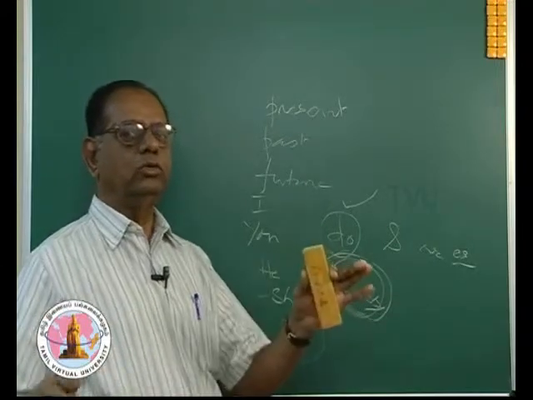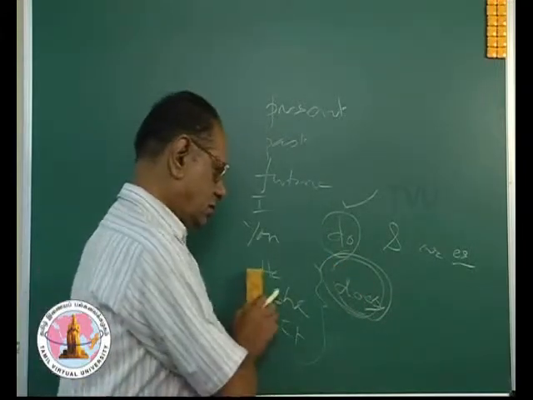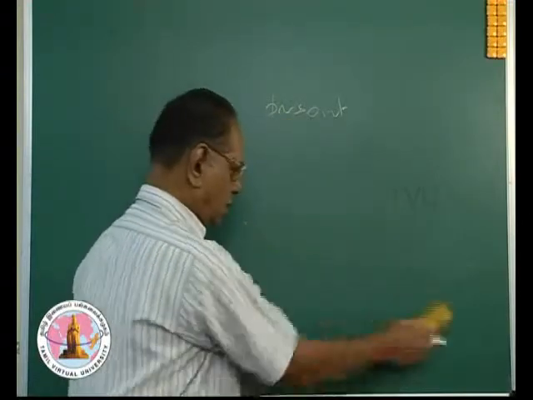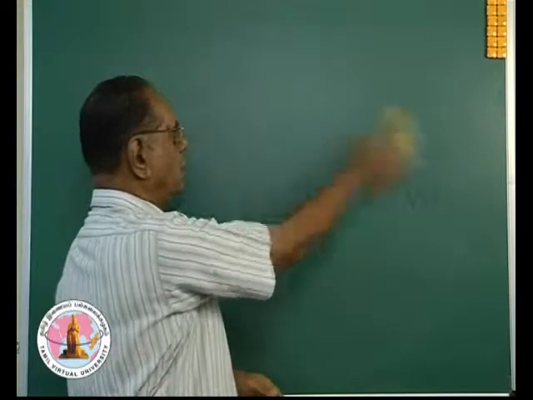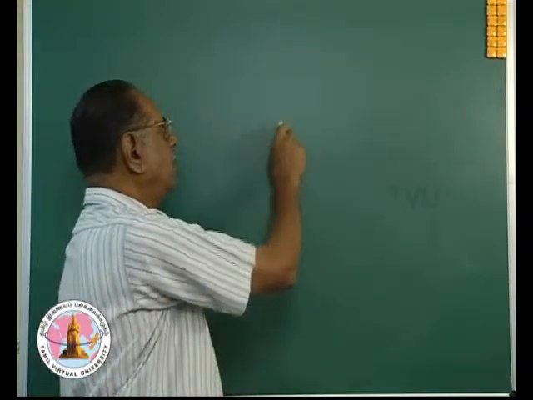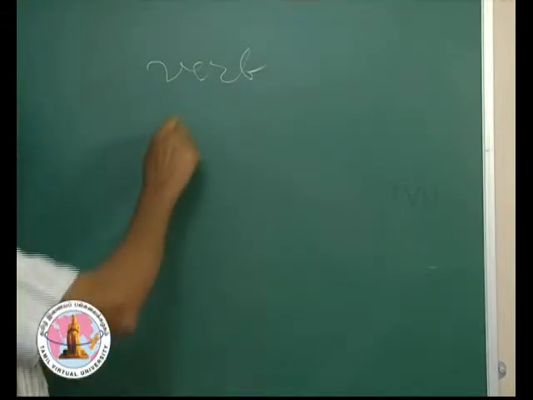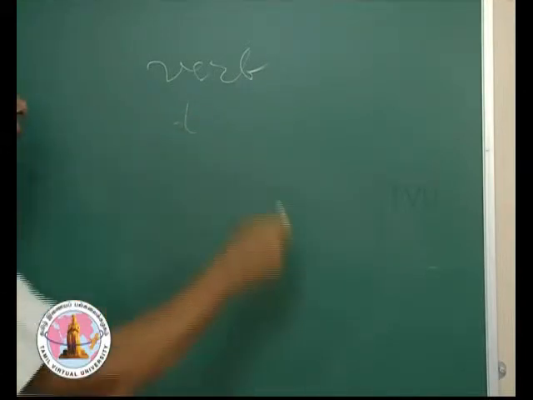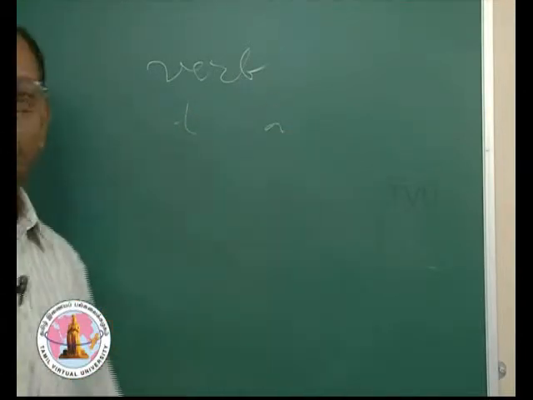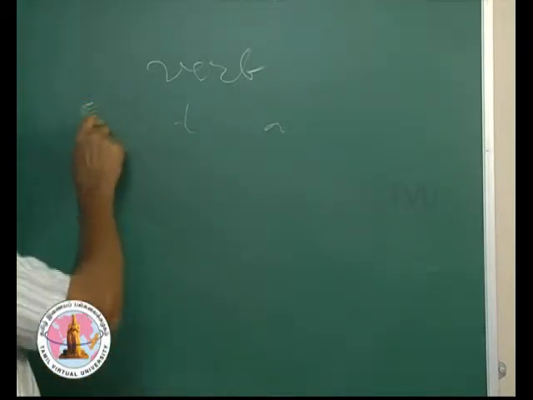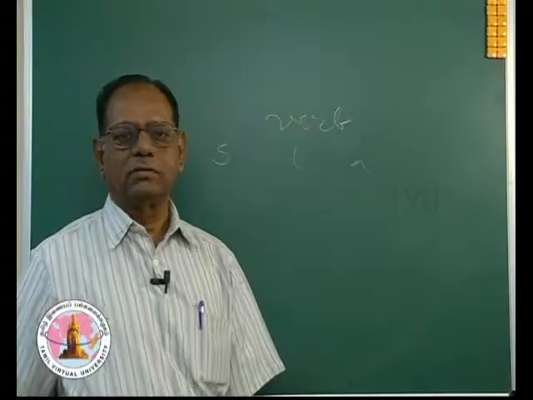Now we go to the Indian languages. In Indian languages, a verb must have a tense and denote the action, plus indicate who the subject is.